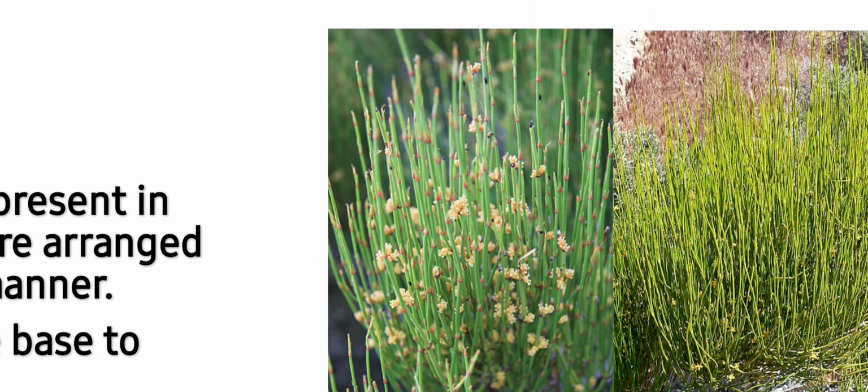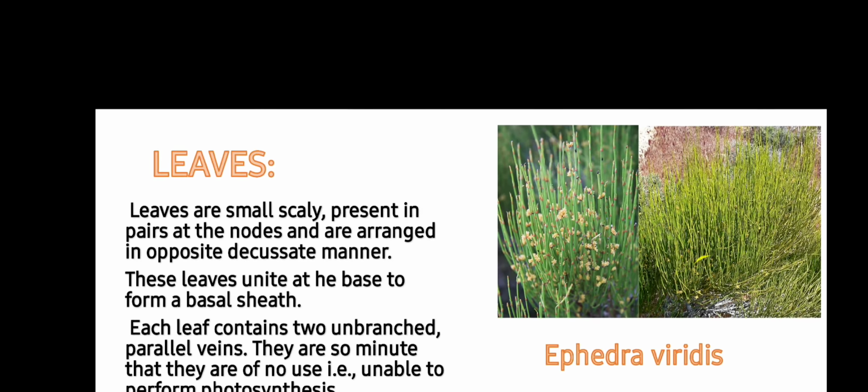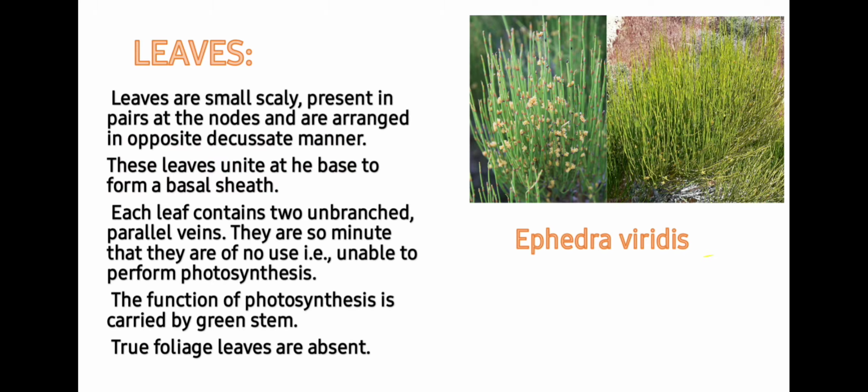Students, in these images you can clearly see that the stem and branches are green in color while leaves are reduced to scale leaves, and they are usually present at the nodes. So leaves are small, scaly, present in pairs at the node and are arranged in an opposite decussate manner.